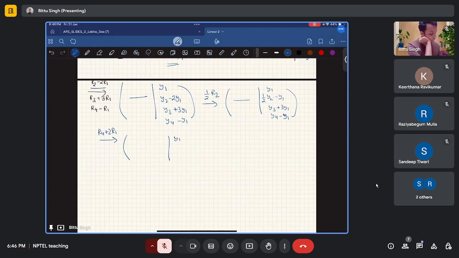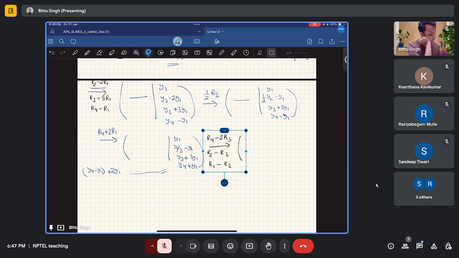It is y1, the second thing is y2 minus y1, y3 plus 3y1. Then, let us compute here, y4 minus y1 plus 2 times y1 for r4 plus 2 times r1. So this is equal to y4 plus y1, right?